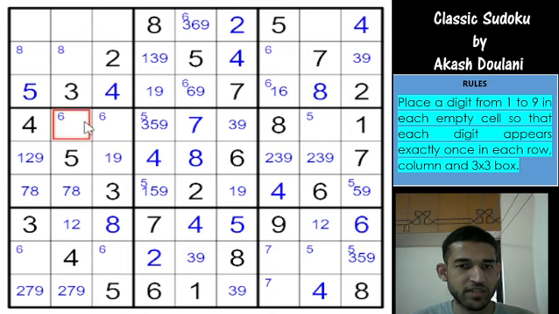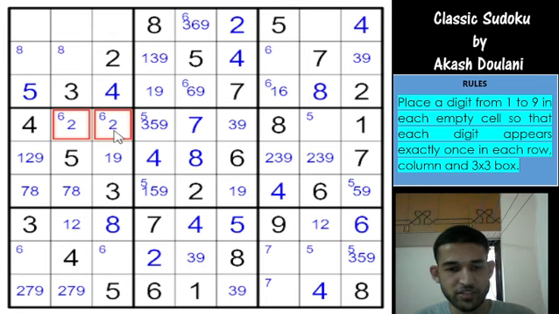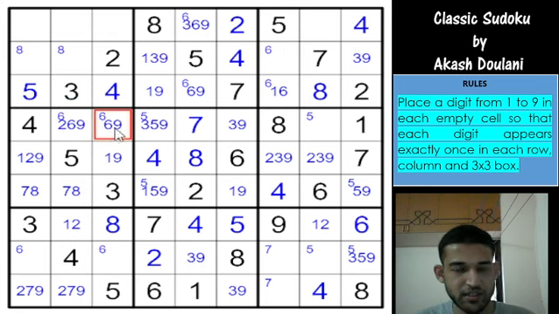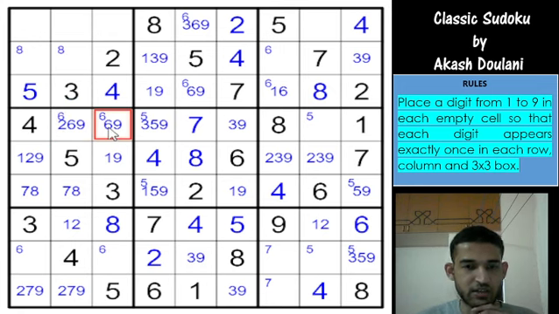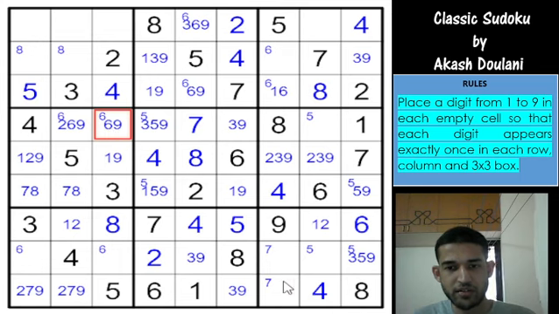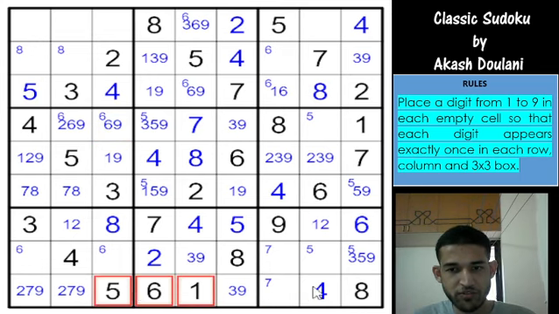So these two cells can't be 3, 4, 5, 7 and 8 and cannot be 1. So they would have to be a 2, 6, 9. And this is not a 2, so that's a 6 and 9. Okay, this cell in row 9 can't be 1, 5, 6, 4 and 8 cannot be a 9, so that has to be 2, 3, 7.